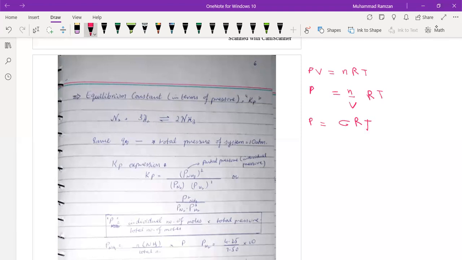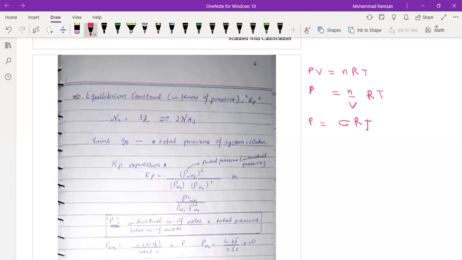Now, if you have an experiment with a gas, the value of R remains the same, it means it is constant. T is the temperature, and once you maintain it in a closed system, it will not change.